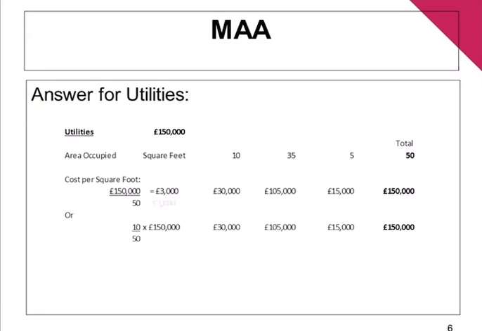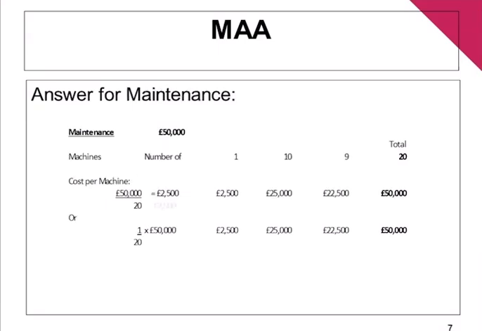Let's now go and look at the maintenance of machines. And so therefore I've given it away already, really: what's the best way of sharing the cost across the three departments is really to use the number of machines. As it says, there's no right or wrong answer to this. It's just the more logical basis from which you've chosen. So if an auditor came to you and said, is this the best way of allocating costs?